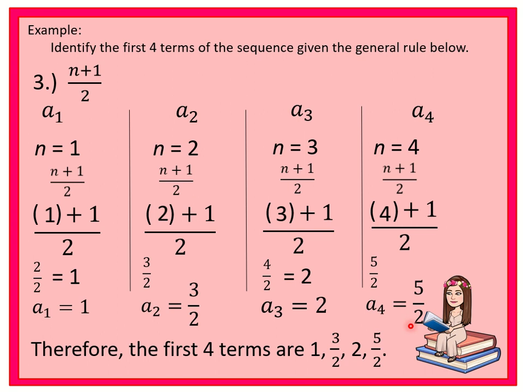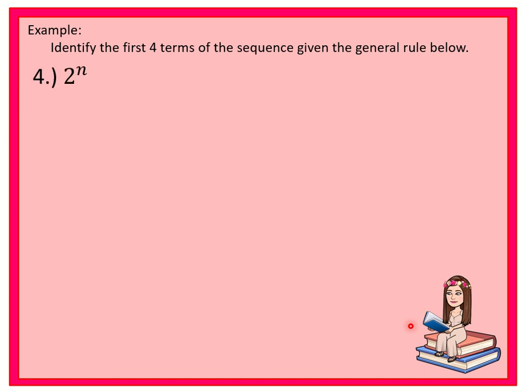Nakukuha? Proceed tayo sa fourth example. So, this time, ang binigay ay 2 raised to n. Naku, may exponent na. Pero kahit may exponent, ganun pa rin. Same process. Kunin natin ang first term, second term, third term, at fourth term.